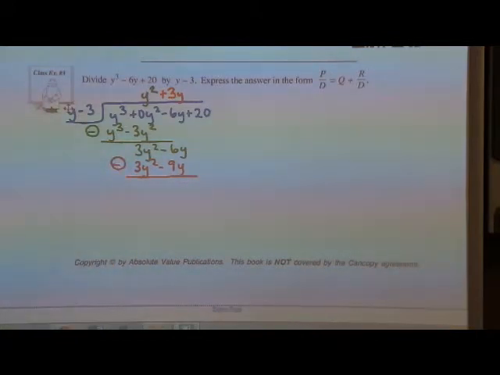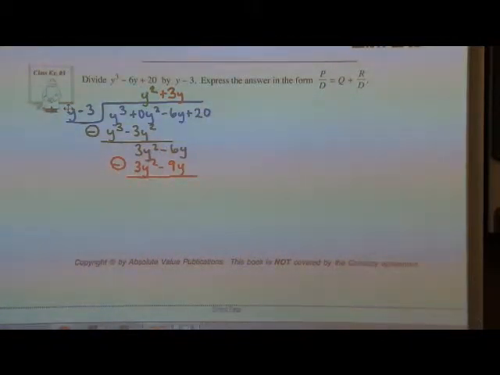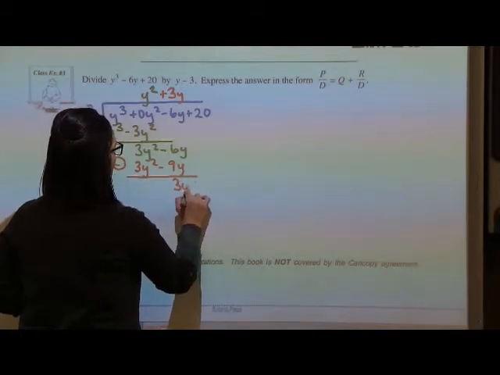And if I've done this correctly, when I subtract the first terms, the 3y squared minus 3y squared, it should equal 0. I'm trying to eliminate that first term. And then negative 6 minus negative 9 gives positive 3y. Positive 3y. And then I bring down the 20.